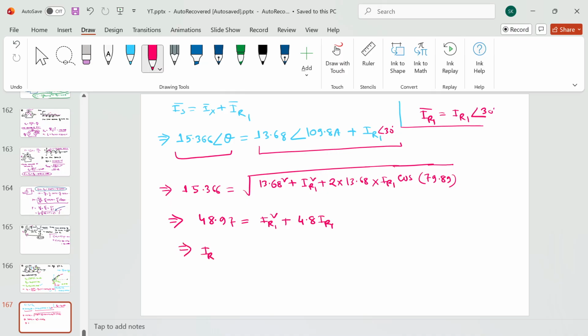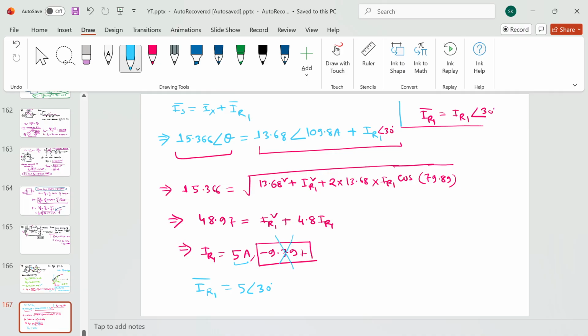So the IR1 value will come around 5 ampere, and the second root is coming minus 9.797. This particular value you can simply neglect because I have considered the magnitude. Magnitude cannot be negative. The IR1 value will be 5 ampere. So the IR1 phasor will be 5 at an angle of 30 degree, because for resistor voltage and currents are in same phase.